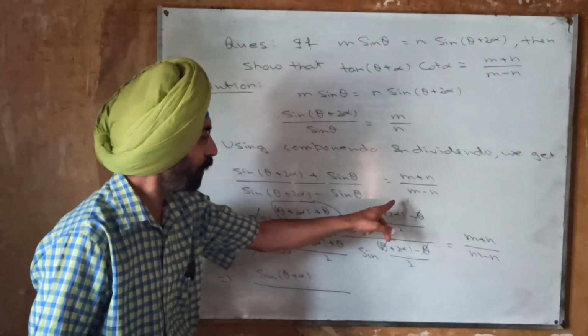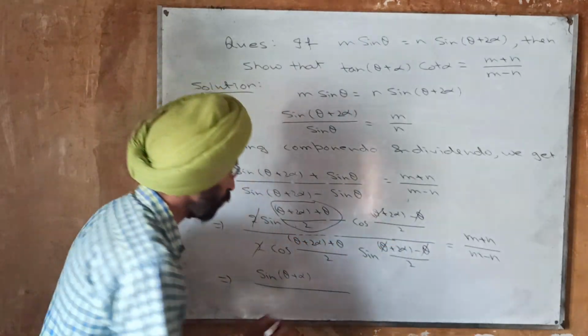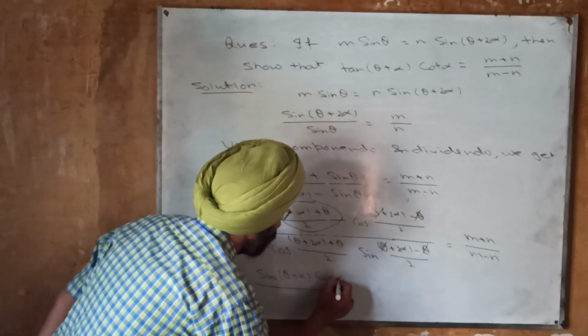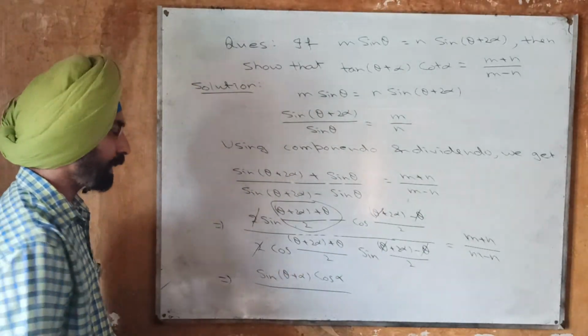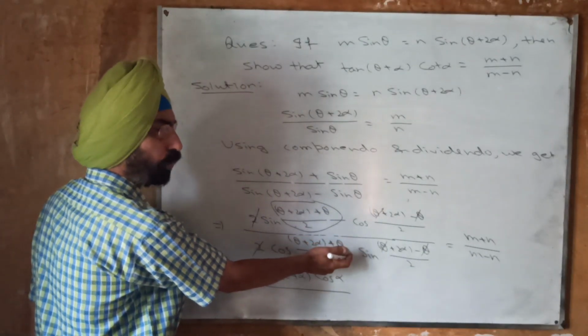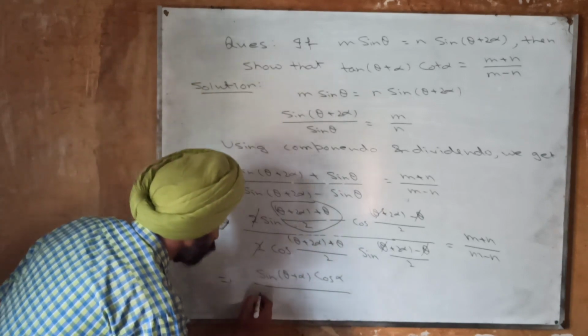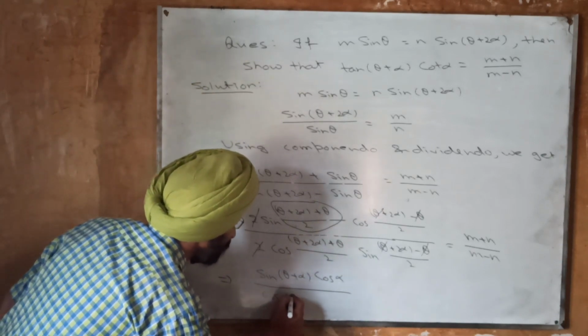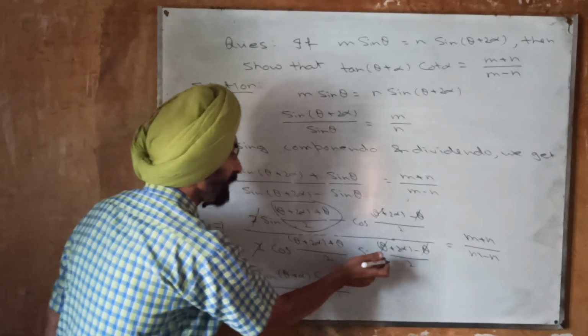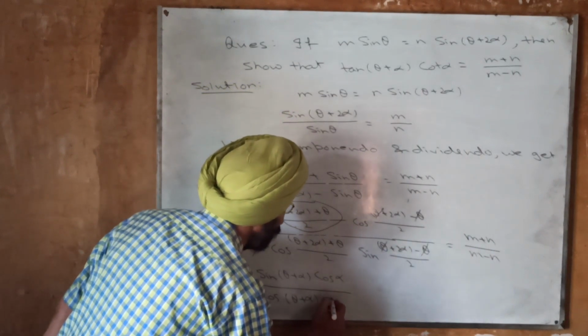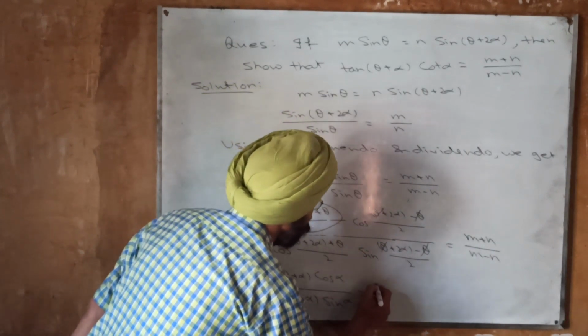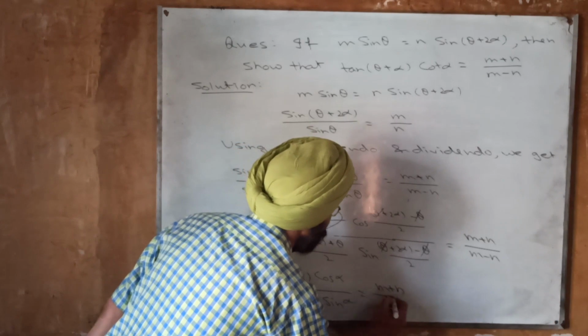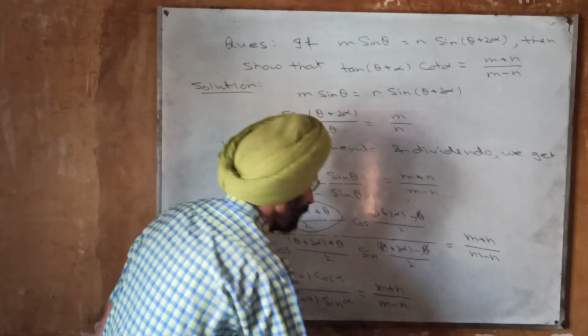And this is cos(2 alpha by 2), so cos(2 alpha by 2) is cos alpha. In the denominator, theta plus theta is once again 2 theta plus 2 alpha by 2, so it is cos(theta plus alpha), and this is sin(2 alpha by 2), which is sin alpha, is equal to (m plus n) over (m minus n).